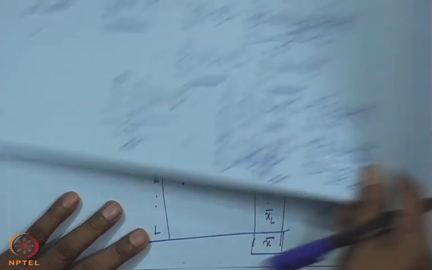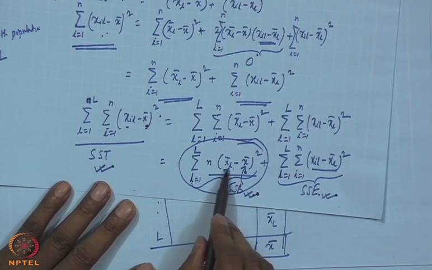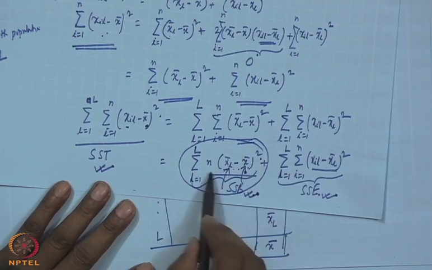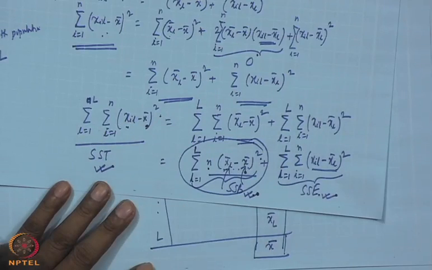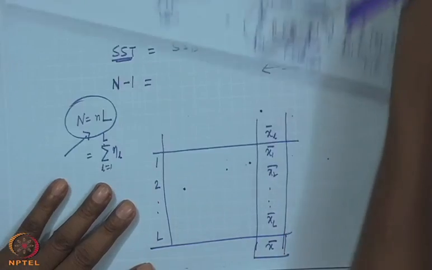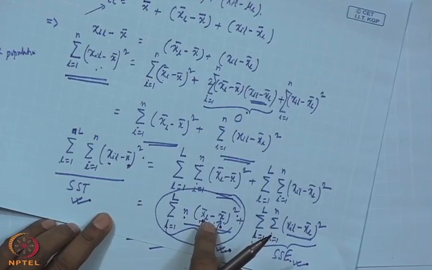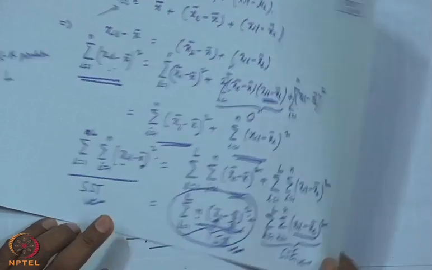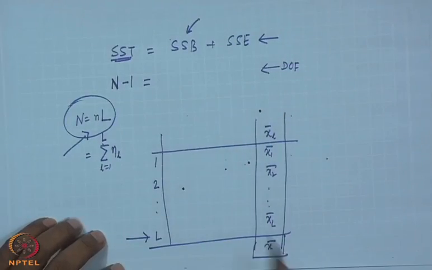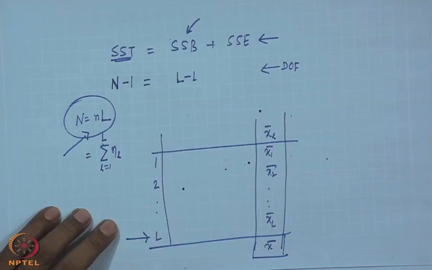In the computation of SSB, you are finding XL bar minus X bar squared, multiplied by n, and summed. So, essentially you are using XL bar. As there are L populations, there is a relationship of the individual population means with the grand mean. So, 1 degree you are losing here, and as a result you have a total of L data points and 1 degree is lost by computing X bar, the grand mean.